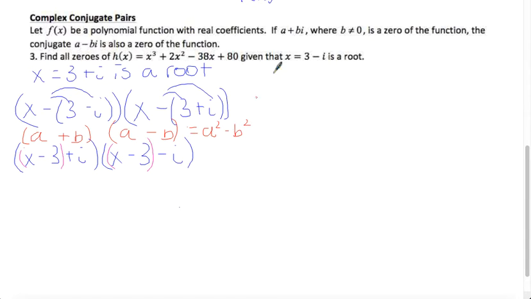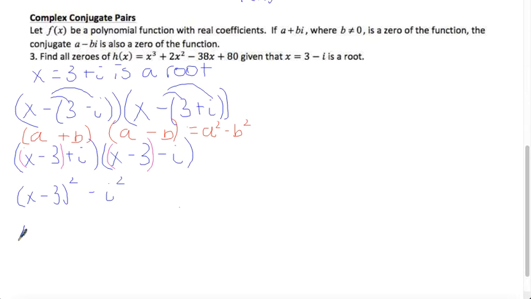We know that this is going to be x minus 3 squared minus i squared. And it gets rid of all that annoying complex number multiplying. The only thing we have to remember is that i squared equals negative 1.